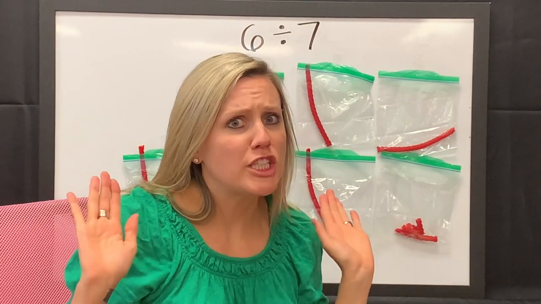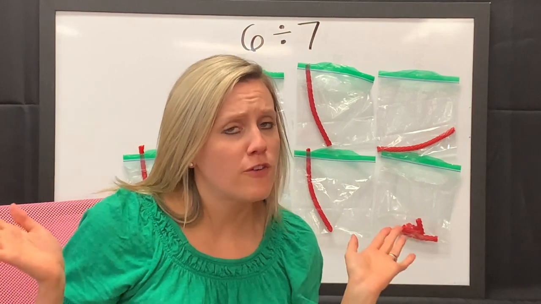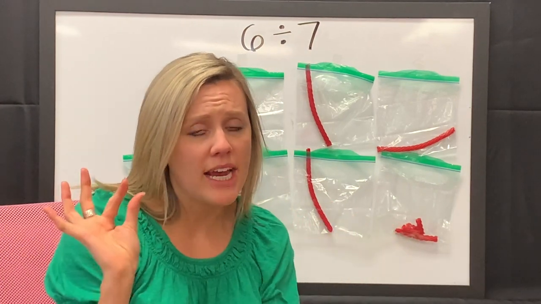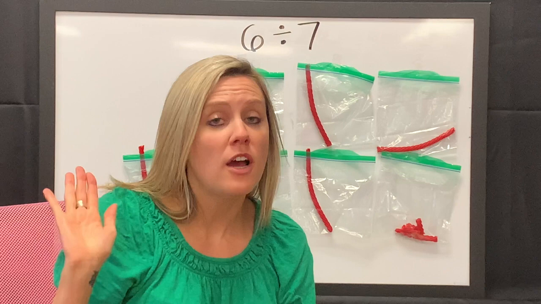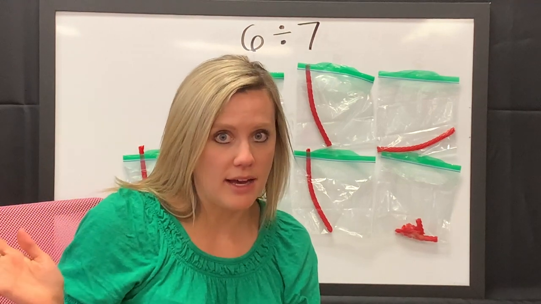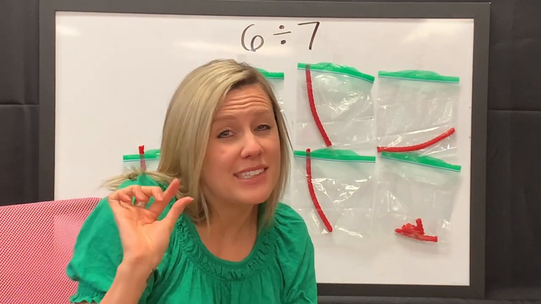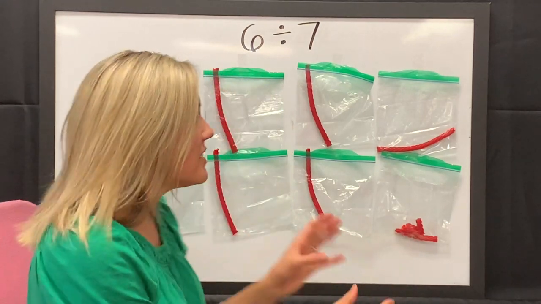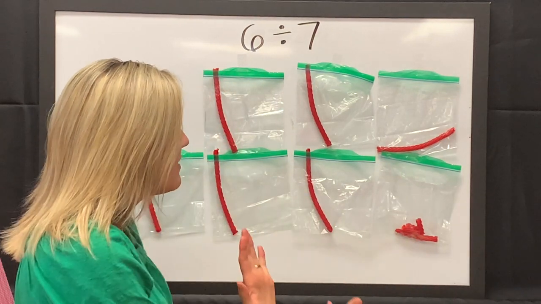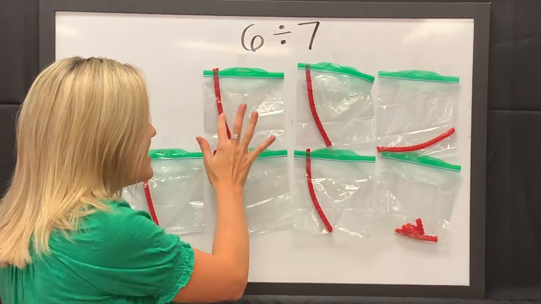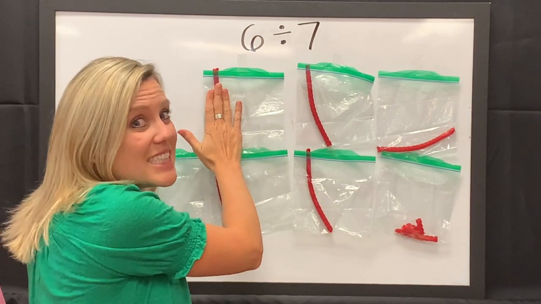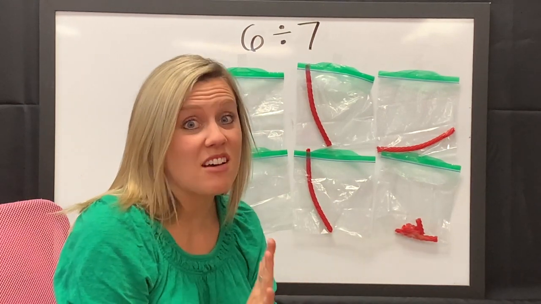Okay, so I didn't have enough licorice for all my bags, so I had to take off a little piece of licorice from each of the ones that were in my bags. So I actually took off 1/7 of the licorice because I wanted to have all the bags have the same amount. So if I took off 1/7 of here, then this would still have 6/7 on it.